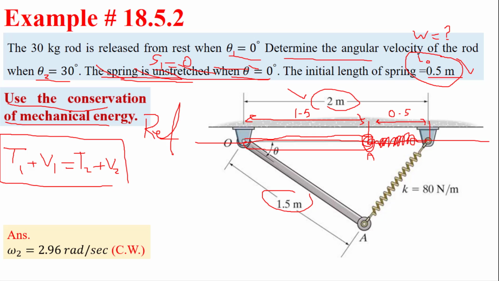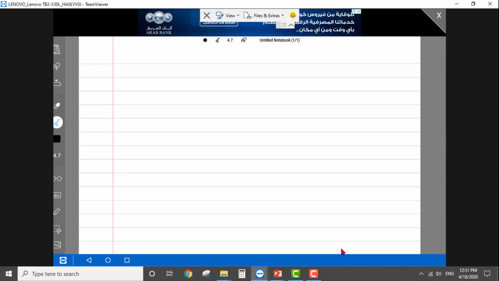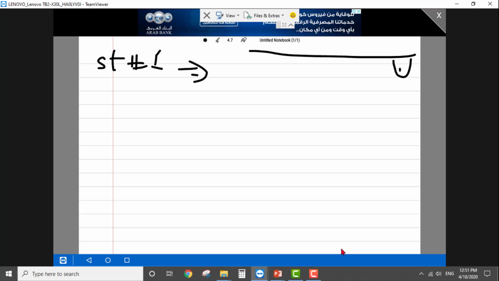So let me go to the solving board. Here is the solving board, and let me write down the state 1 and state 2 conditions. In state 1, here is the point where the spring is held, and here is the cord or the rod.